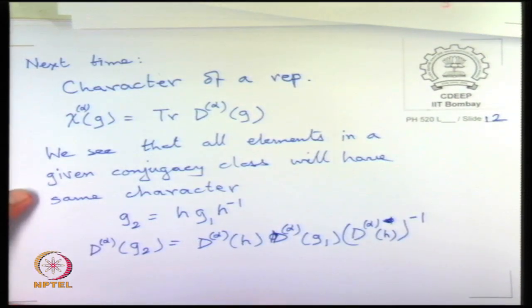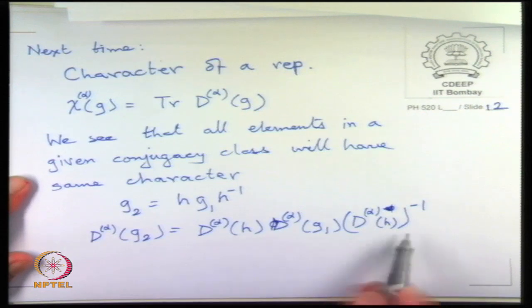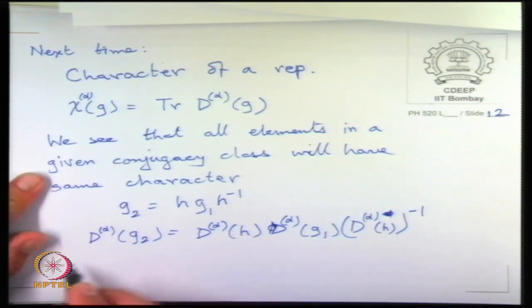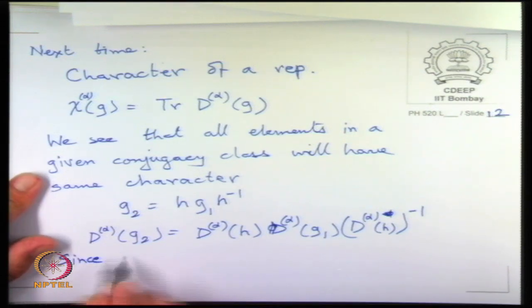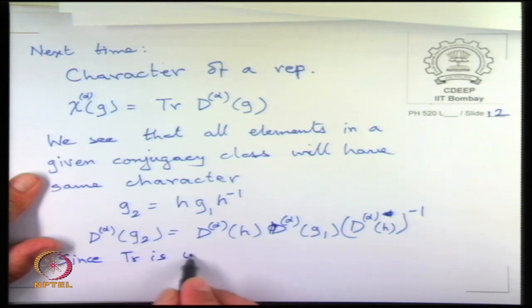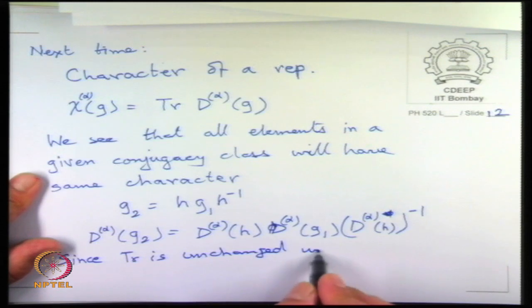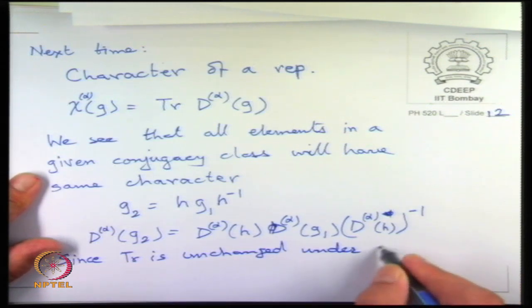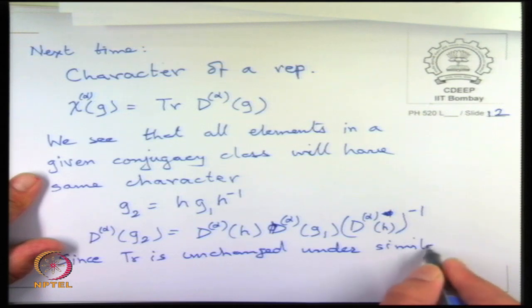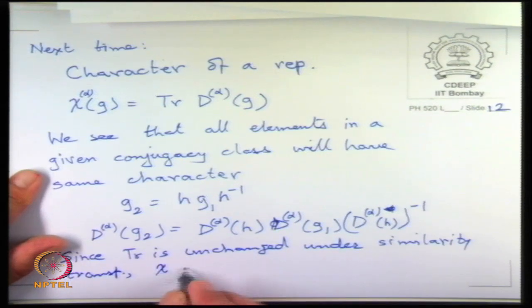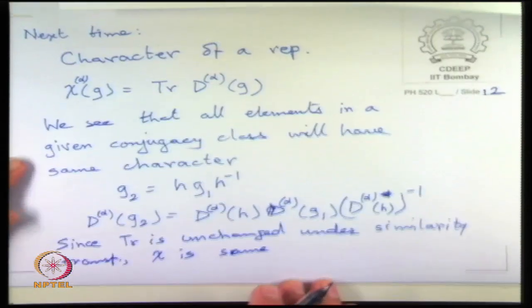But you remember that under similarity transformation the trace doesn't change. So the character will come out to be the same.